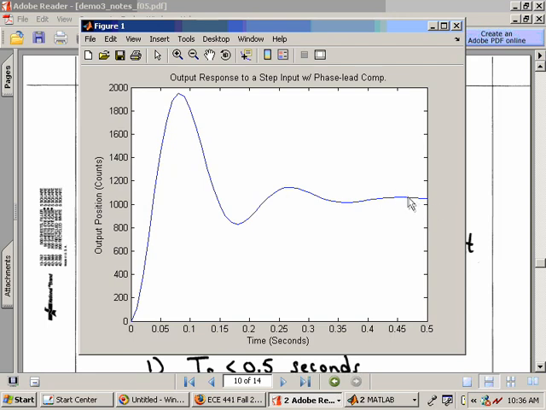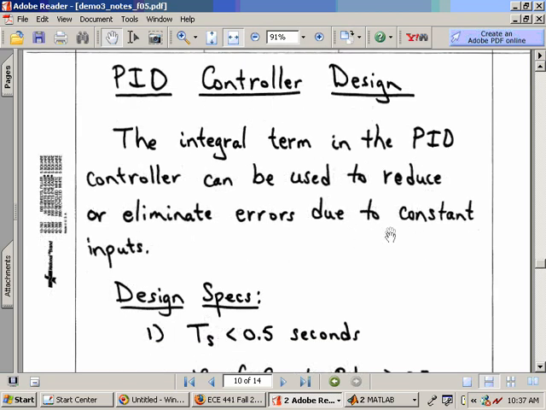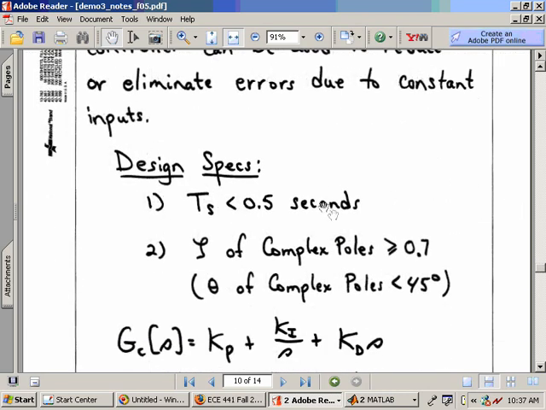That may not be acceptable. We may want to drive this to 2,000 and have zero steady state error. We're not going to do that with a phase lead controller by itself. We're going to introduce an integral term via the PID controller to help us eliminate those steady state errors due to constant inputs. Our design specifications now have changed a little bit.